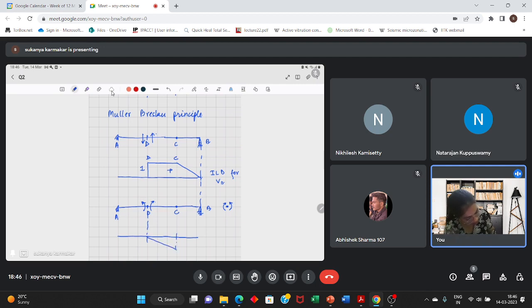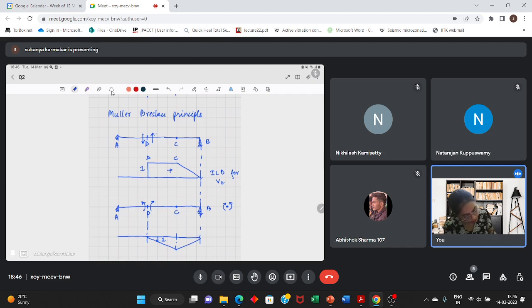And C is a hinge. And B is a roller joint. So at that point, the deformation will be 0. So it has to move up like this. Now, the entire rotation should be 1. There is no rotation in the part AD. So this theta will be 1.